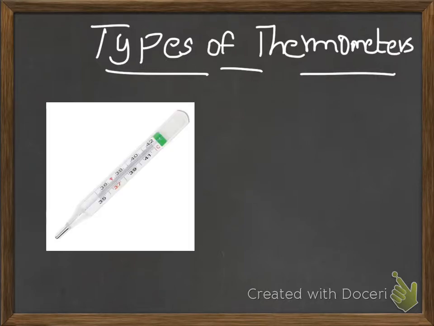Now you can see in the figure, this is one type of thermometer. It is known as a clinical thermometer. I just want to show you a figure of a thermometer, so I took an example of a clinical thermometer. Let's identify the features of a thermometer.